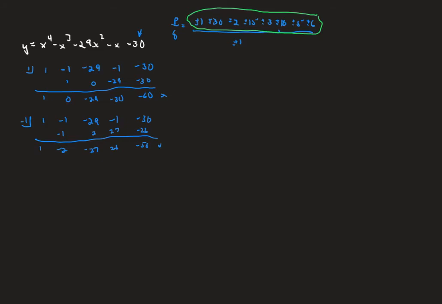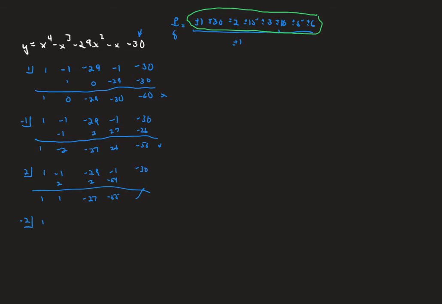So we got to try something else. We can try 2 and go 1, negative 29, negative 1, negative 30. And let's see, 1, 2, 1, 2, negative 27, negative 54, negative 55 times 2. No, that's not going to work either.